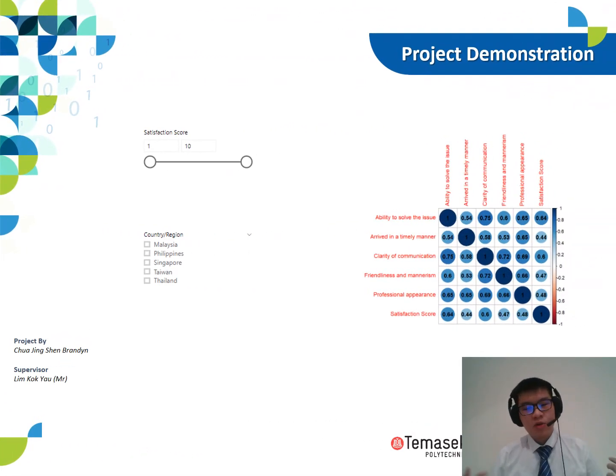Following that, we have the correlations graph that I've created. This correlation graph takes in various factors that the customer has rated and pits it against the satisfaction score to determine which factor most affects the satisfaction score of a customer. As you can see from this graph, the ability to solve the issue matters more than arriving in a timely manner.